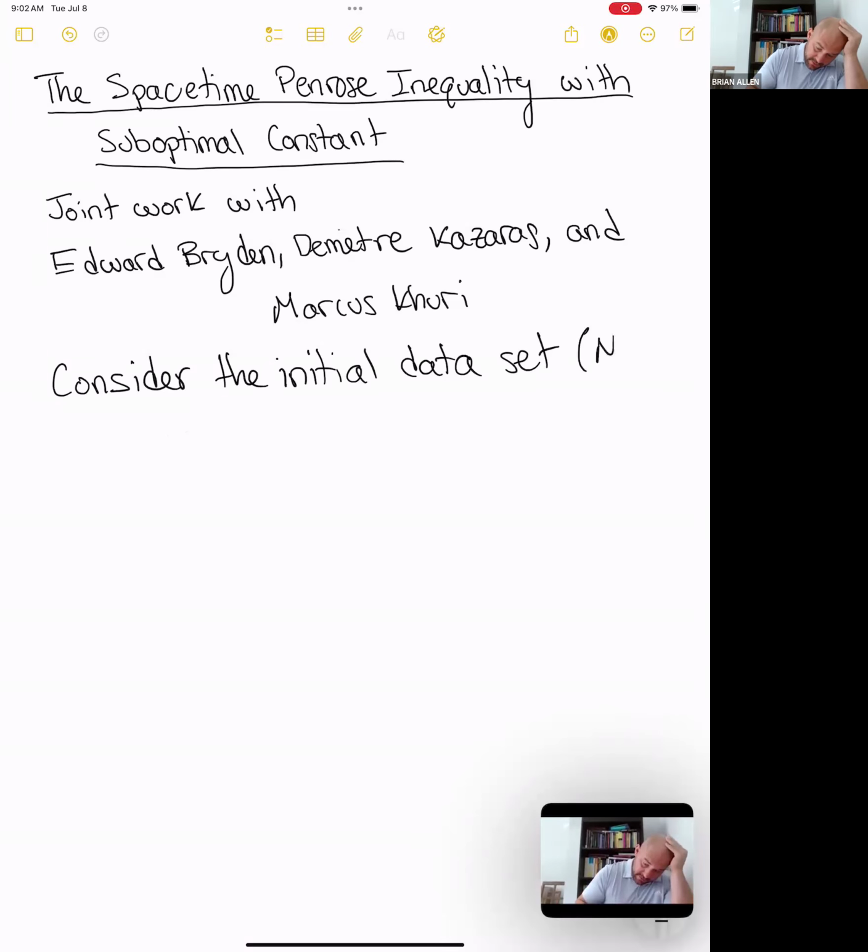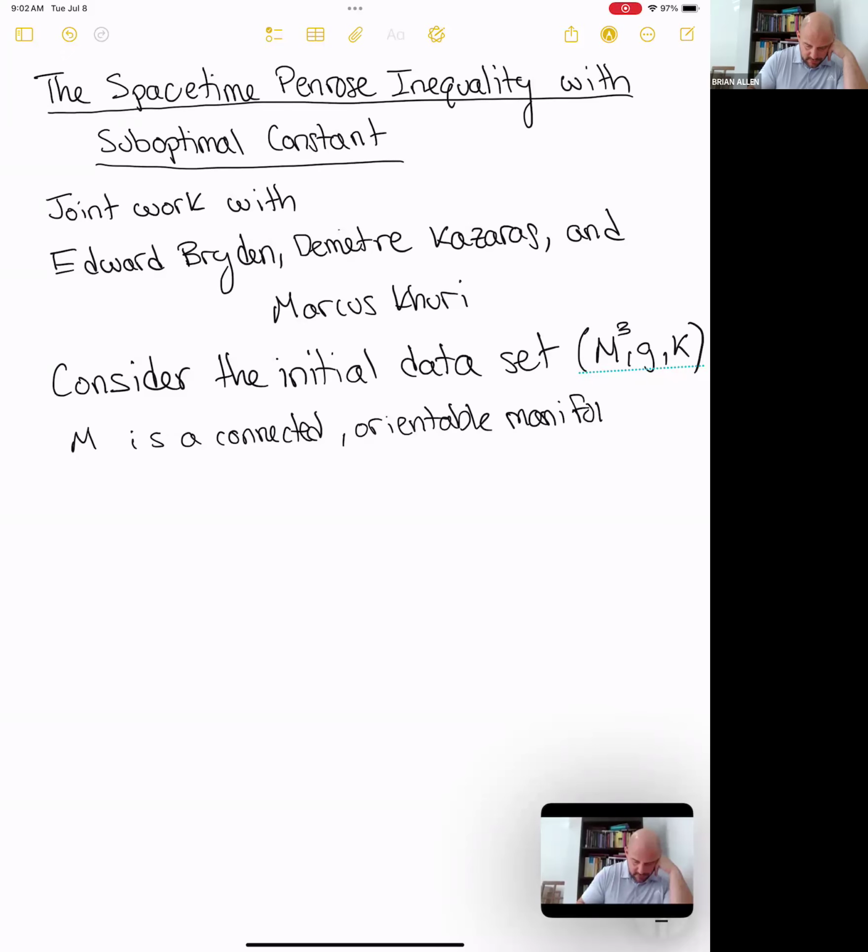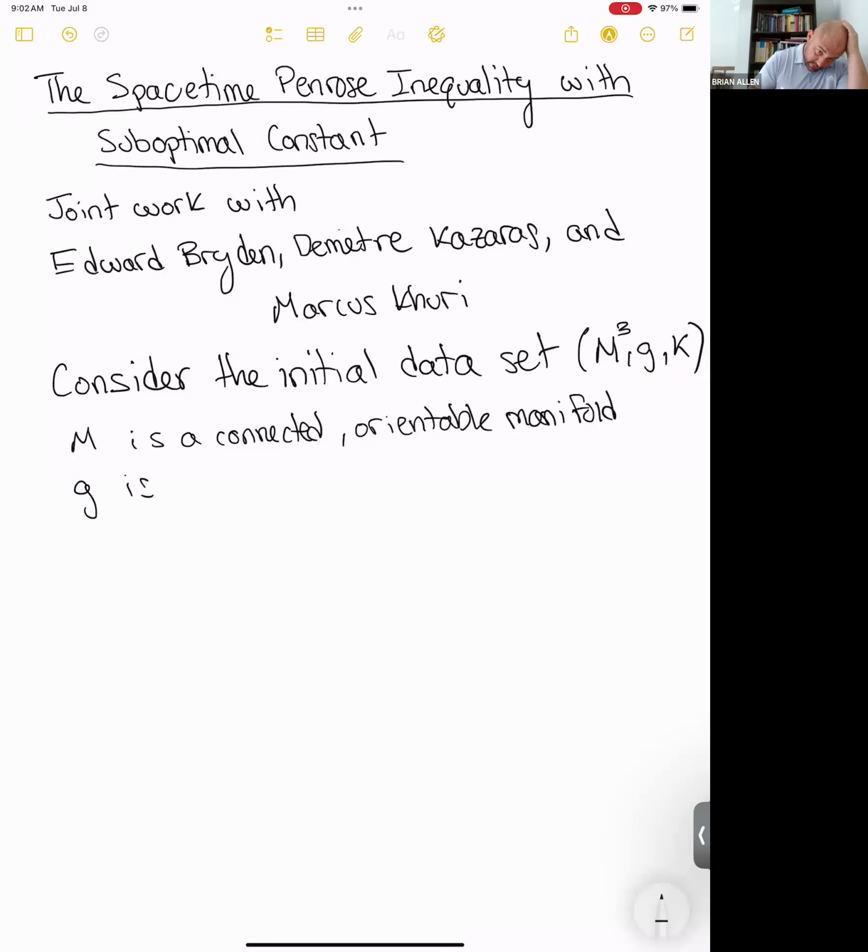So we're going to have a manifold, a Riemannian metric, and a symmetric two tensor K. M is a connected, orientable manifold, and G is a complete Riemannian metric, and K a symmetric two tensor.